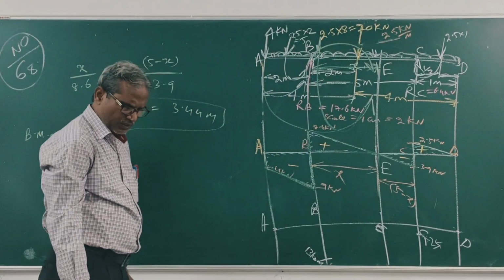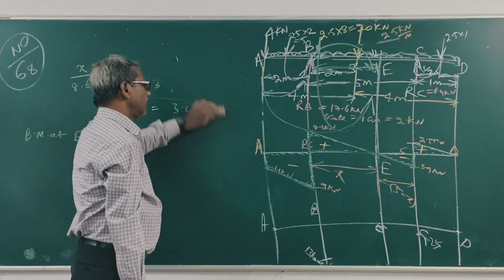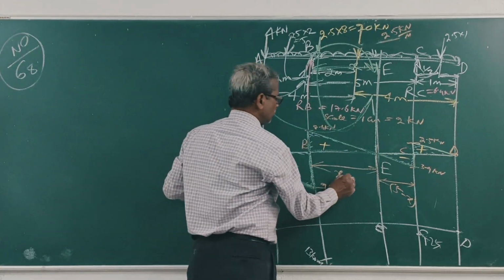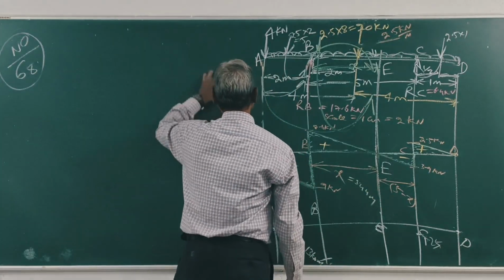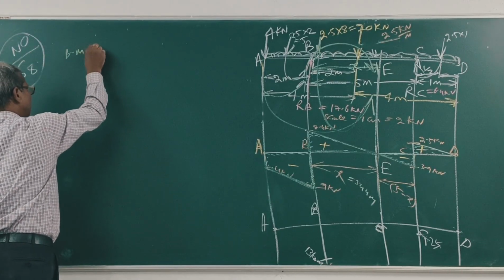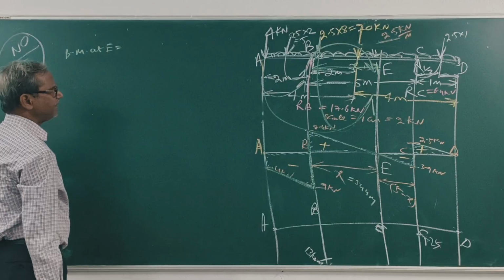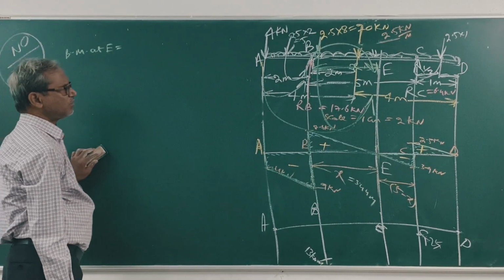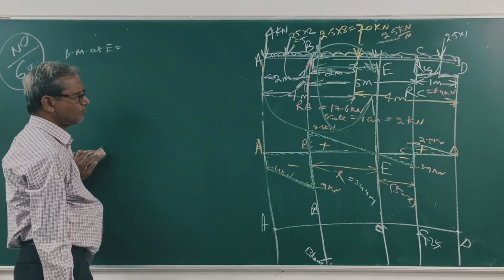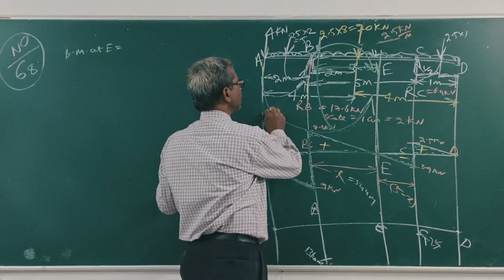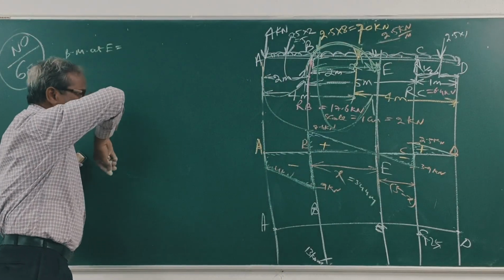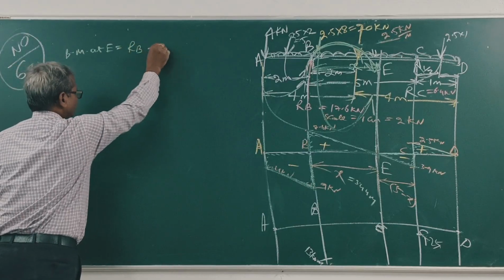Now x is equal to 3.44 meter. Now BM at E is equal to RB into x. What is RB? RB into x. Clear?